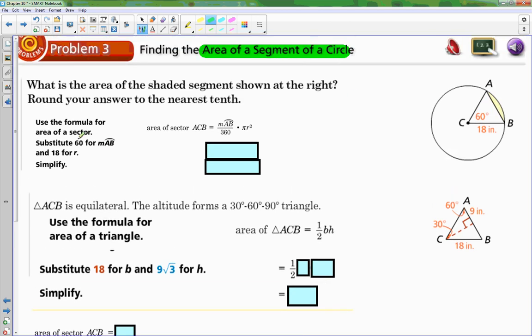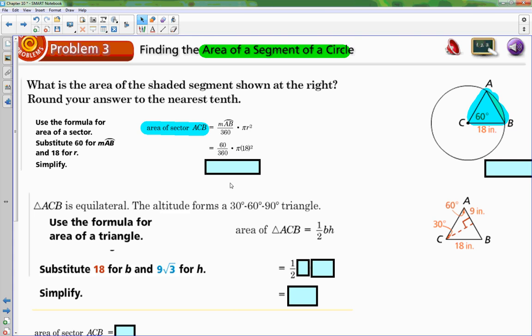So when we're working this through, we're going to find the area of the sector first. So the area of sector ACB, so this whole thing here. So it's our arc divided by 360 times pi r squared. So our arc is 60 degrees.